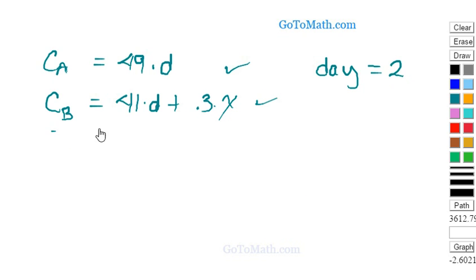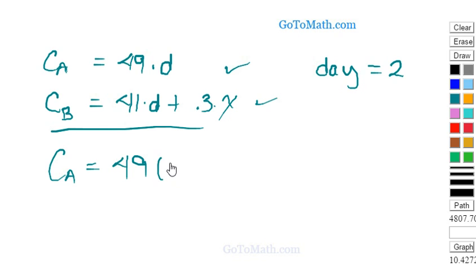That's pretty simple. So let's write this out and simplify it down. 49 times 2 is $98.